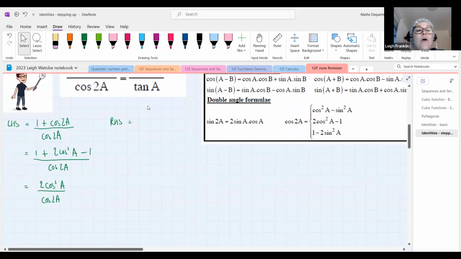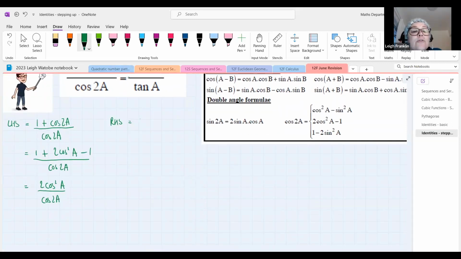Tan 2a over tan a. So I'm going to write that down. And now, again, I'm putting the difficult question to you guys. What are we going to do with tan 2a? What are we going to do with tan 2a, Matrix?